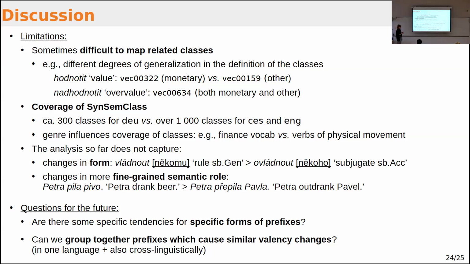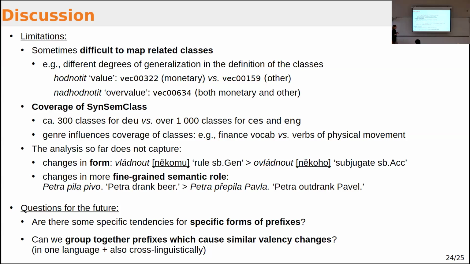But because the texts were mostly written, or probably only written, when the annotators were annotating the verbs for SynSemClass, verbs of physical movement like to go or walk or come or carry are often not as well covered as some of their other senses that are more abstract or idiomatic. And so the physical senses are missing, especially for the German SynSemClass.